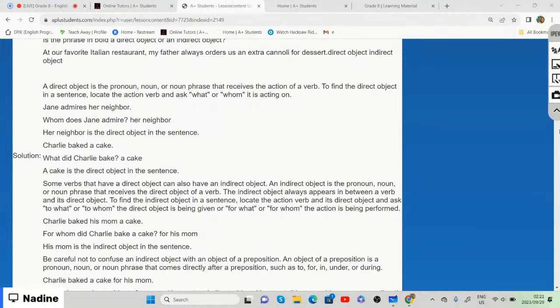If it is not in between the verb and the direct object, then you need to be careful that it is not after the preposition, because if it's after the preposition, then it is an object of a preposition, not an indirect object.